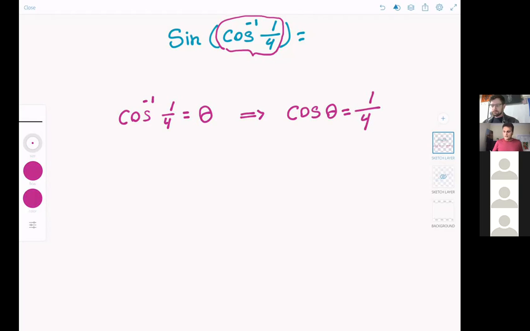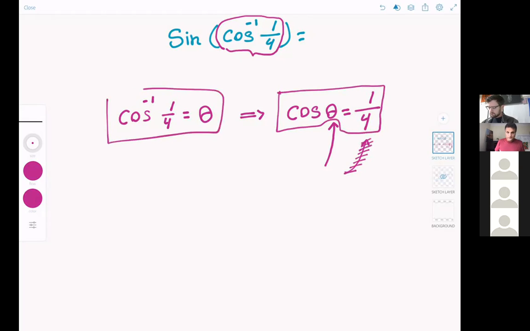All right. When you look at the unit circle, do you see any angle whose cosine is exactly 1/4? No, correct? 1/4 is not part of our deal. So what do we have here? We have cosine of theta equal to 1/4, and cosine inverse of 1/4 equal theta.